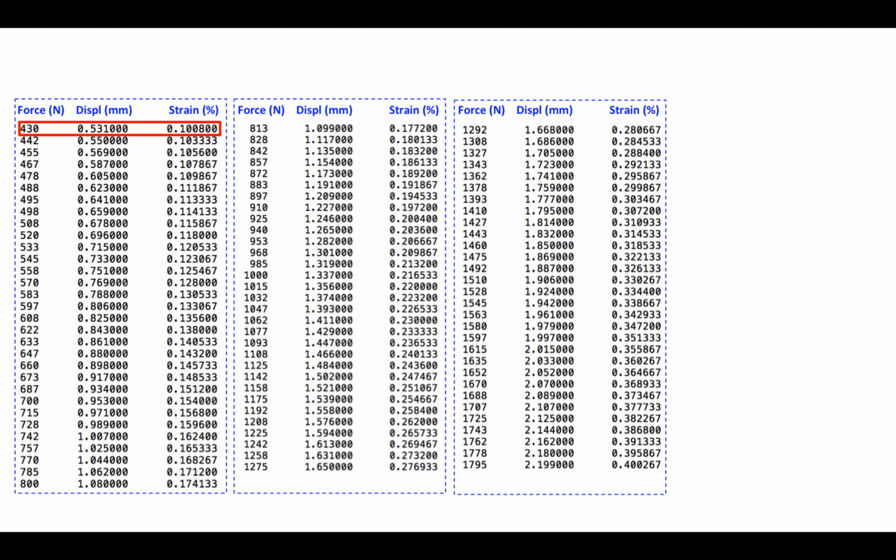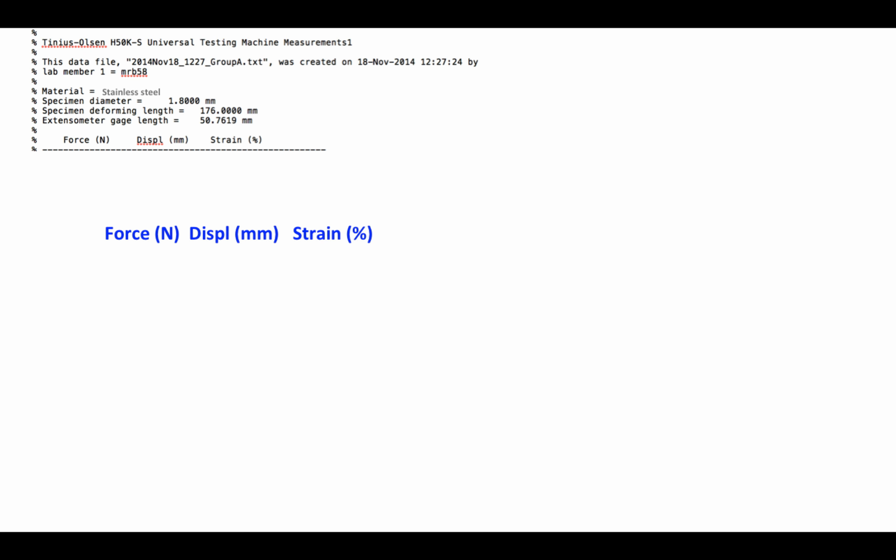Similarly, the third column continues the second one, and if you look here, you see that at 1,378 newtons we have reached 0.3% strain. Just to focus on those 2 points, I pulled the data out.